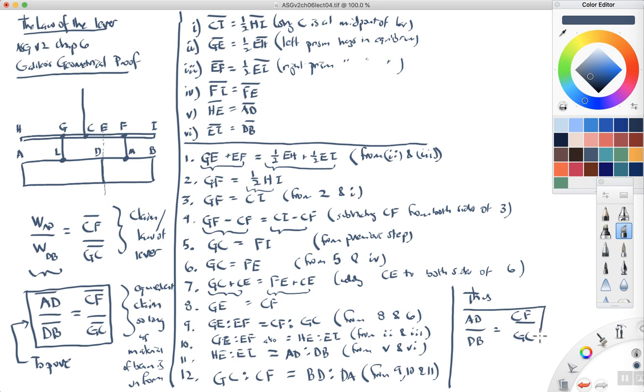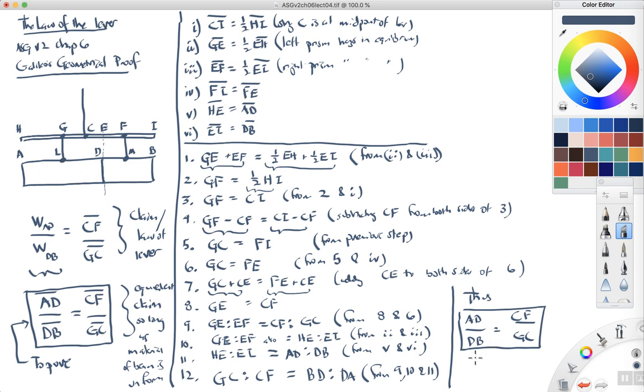And that is exactly what we're trying to prove, because AD is related to the weight of this side, and DB is the weight of this side, and CF is the length, the distance to which you're applying this force that's caused by the weight of DB, and GC is the length right here, that's the distance to the force that's being applied by block AD.